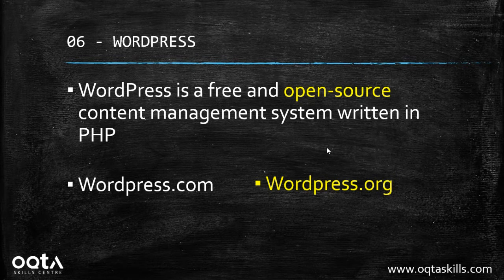But when you look at flexibility, the ability to do more, going with WordPress.org is always the best option, because with that you have the freedom. You host it on your own server, you have your own domain, and you're able to tweak it and create almost anything with WordPress.org.